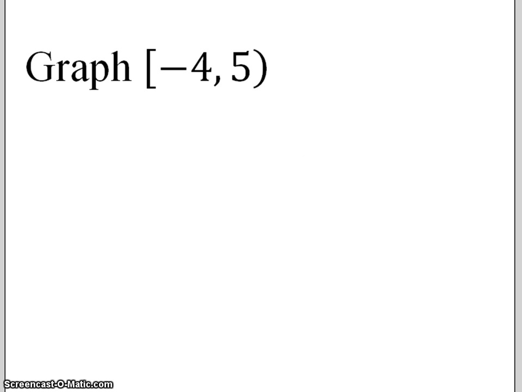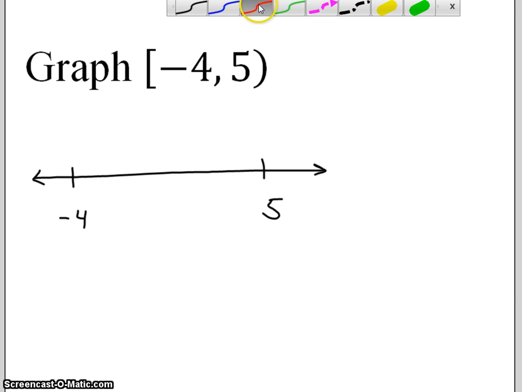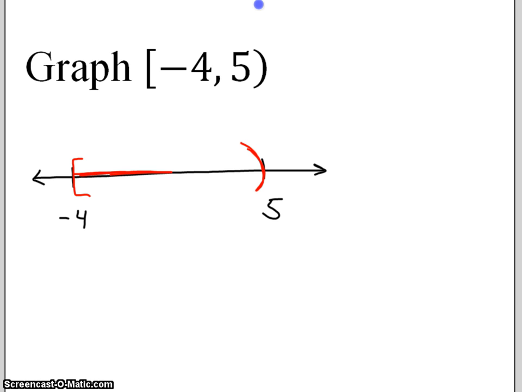Lastly, we'll look at the interval from negative 4 to positive 5. I'll put negative 4 here and positive 5 here. We want to include negative 4 but not positive 5. That interval represents all real numbers greater than or equal to negative 4 and less than positive 5.